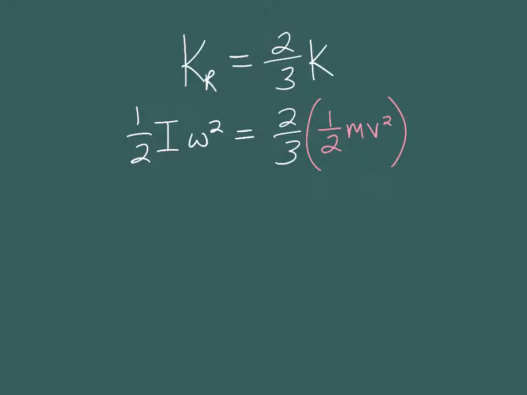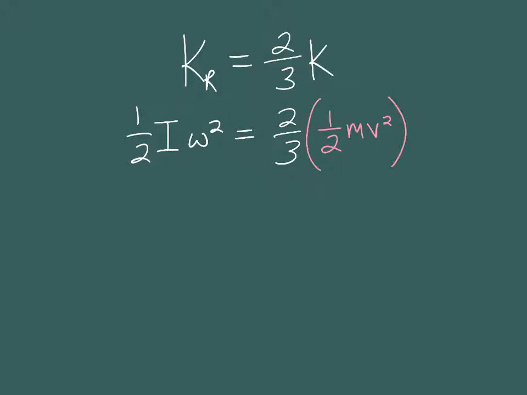So the rotational kinetic energy of the molecule rotating about an axis through the center line is about 2/3 of its translational kinetic energy. So 1/2 I omega squared, the rotational kinetic energy, is 2/3 of that 1/2 mv squared, or the regular straight line kinetic energy. All right, so now it's relatively simple.